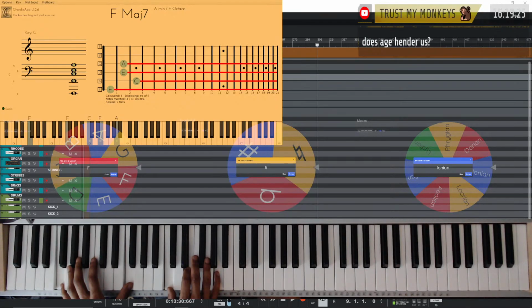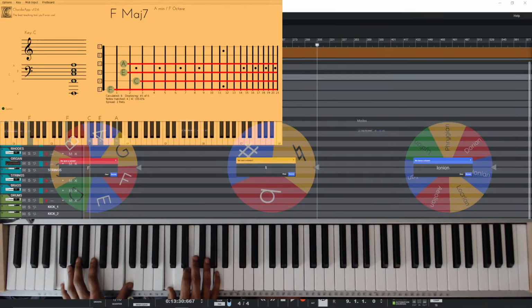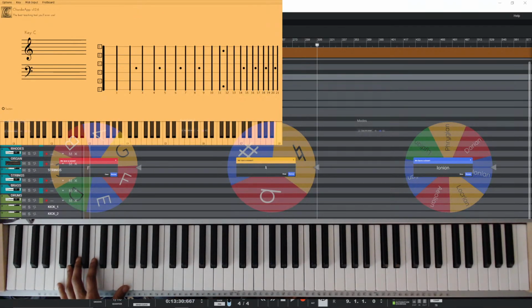Does age hinder us? What do you mean? Does age hinder us? You mean hinder, right? If it's hindering us. I don't know.